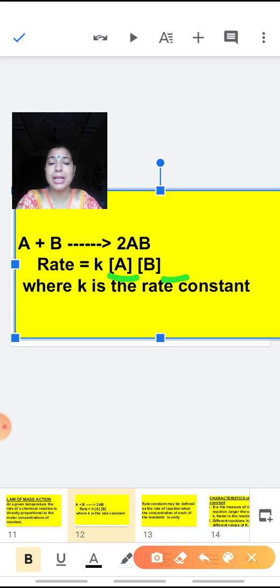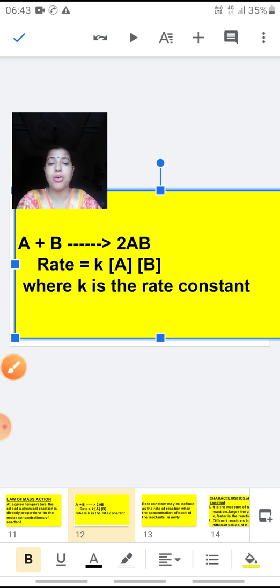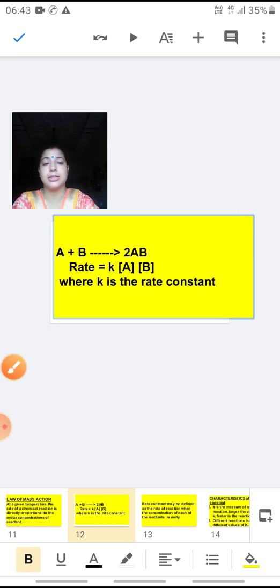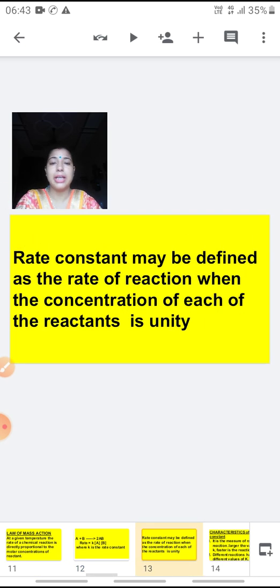So, the rate constant may be defined as the rate of reaction when the concentration of each of the reactants is unity. That means when the concentration of all the reactants becomes equal to 1, the rate constant is equal to the rate of chemical reaction.